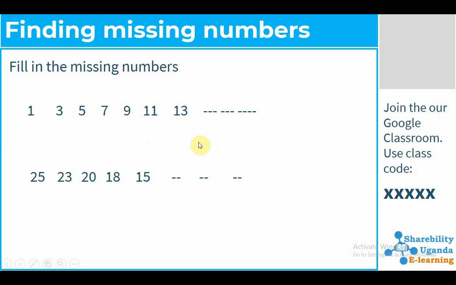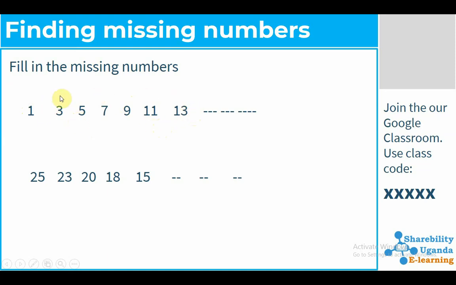As I said, when they give you a question, they will not tell you that here we are using addition or here we are using subtraction, but it is up to you to see what they used. Like this number, is it increasing or is it reducing? Let's have a look at it.